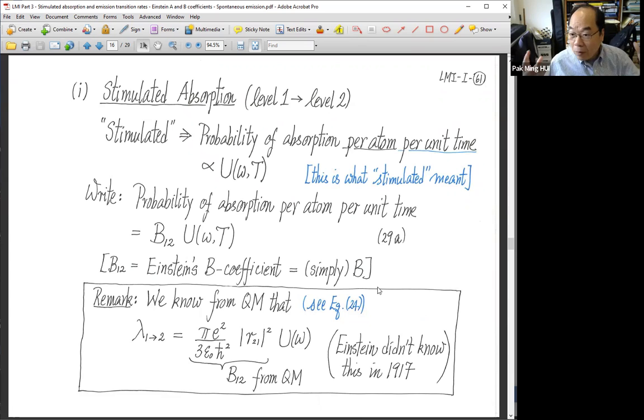Now, at equilibrium means N2 over N1 is exponential minus h bar omega over kT. Therefore, the situation is that per unit time, there are as many atoms going up as atoms coming down.